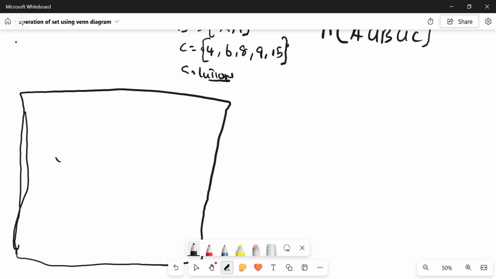So the elements in A are 2, 4, 6, 8. And the elements in B are 1, 4, 9.